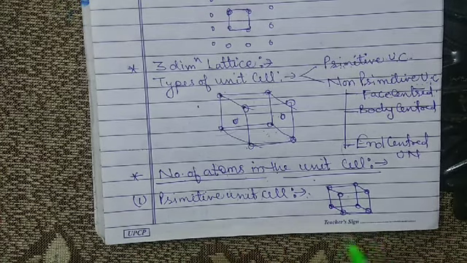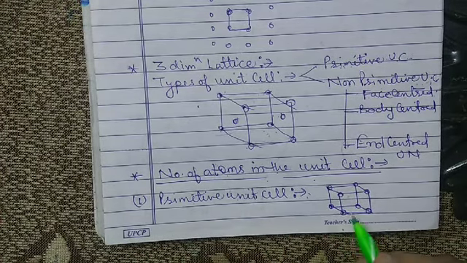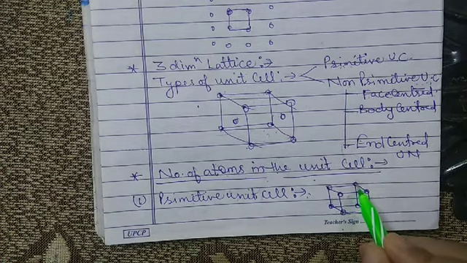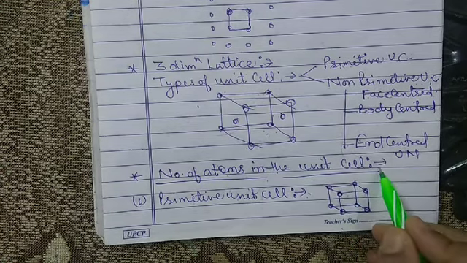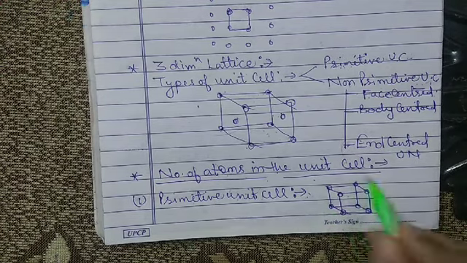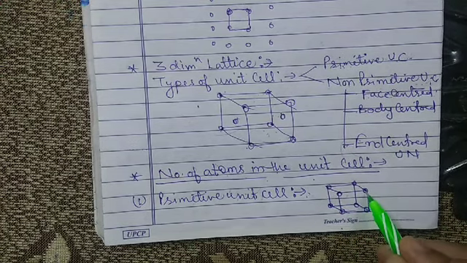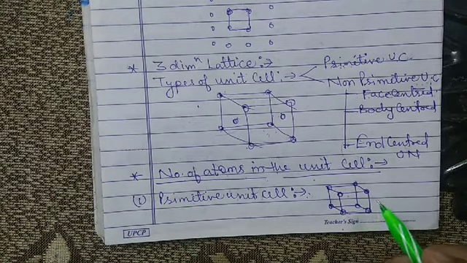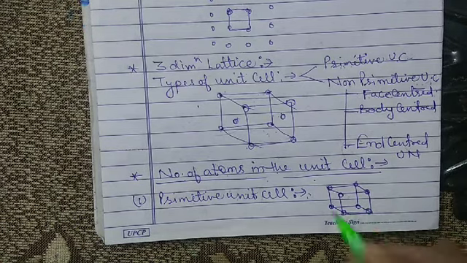This is the type of a primitive unit cell. Now look at each corner: because this is a three-dimensional structure, each corner particle is surrounded by and attached to other particles.